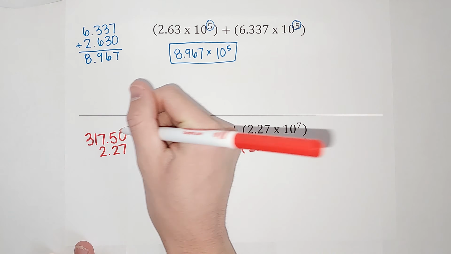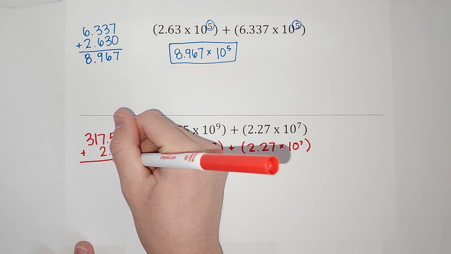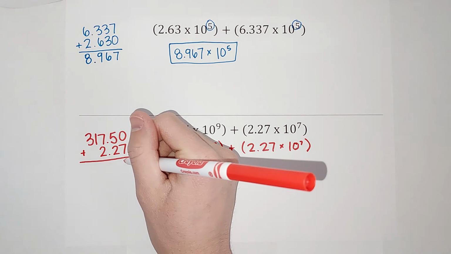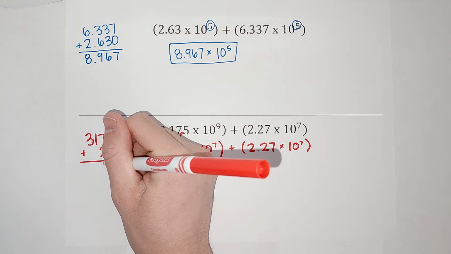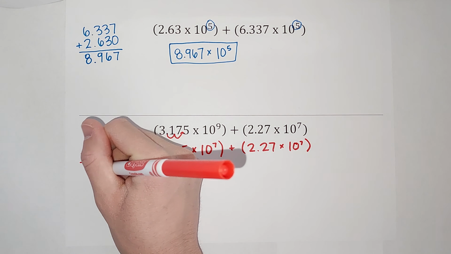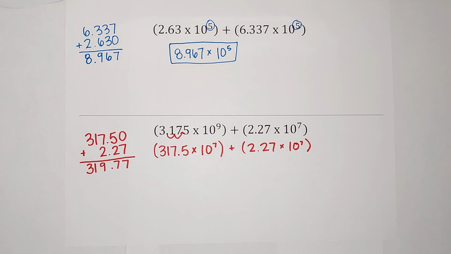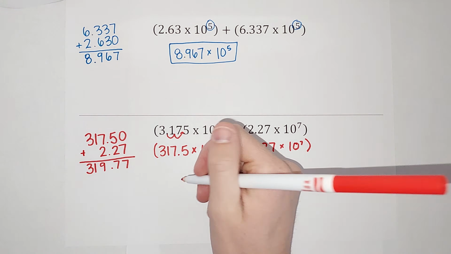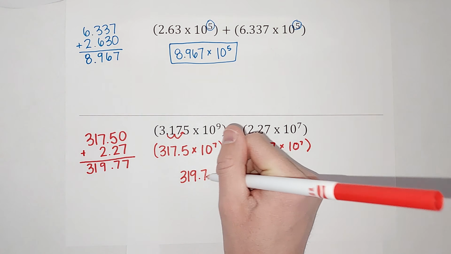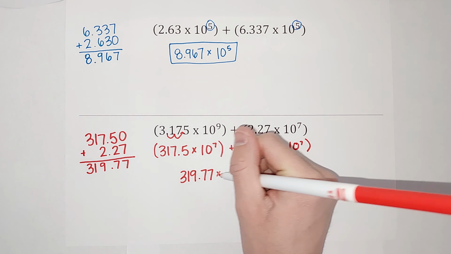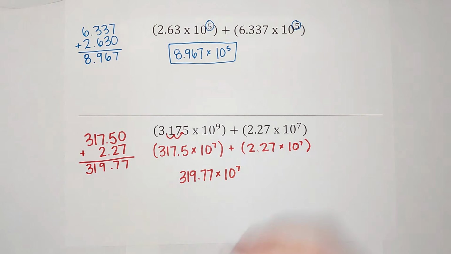If you want to add a 0 there so they line up nice, you can. Okay, and I'm just going to add these. Drop my decimal point down, 789. Okay, so I get 319.77, and we are times 10 to the 7th power.